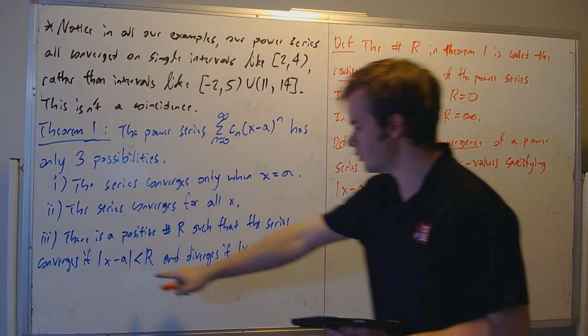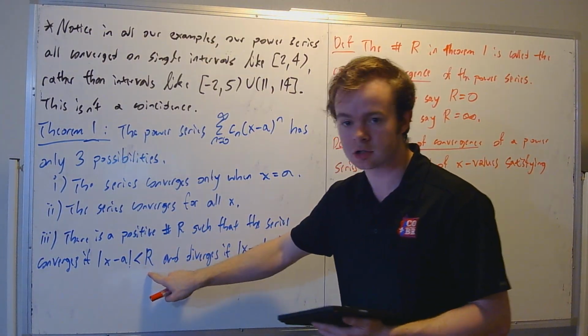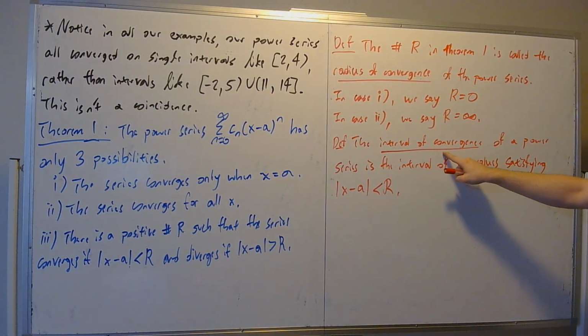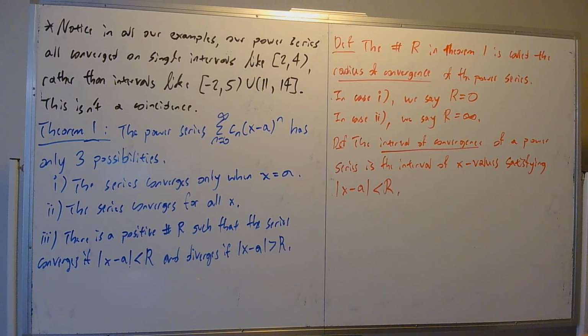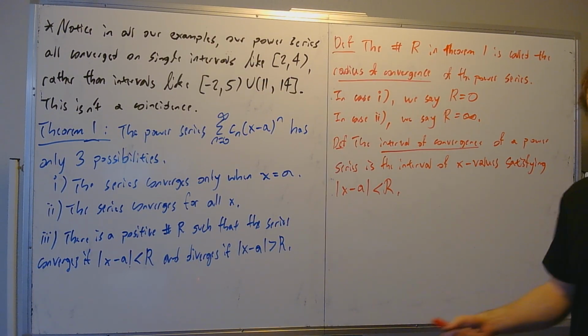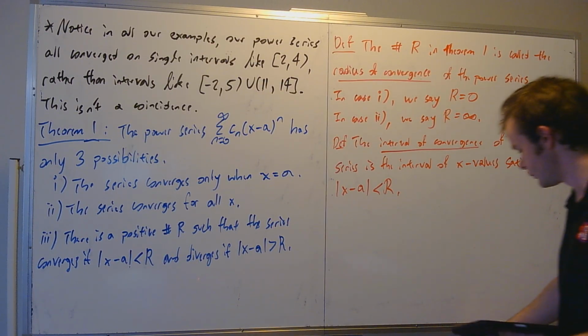Right, so the interval of x values satisfying this condition, we'd say that that is the interval of convergence because that's the interval of x values where the series actually converges.